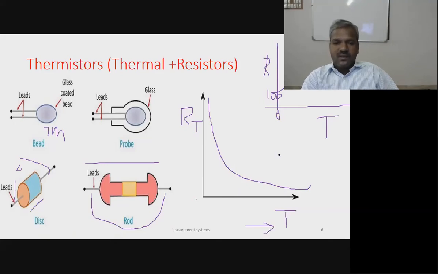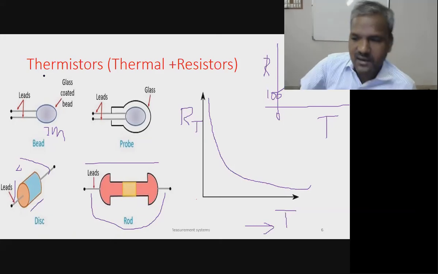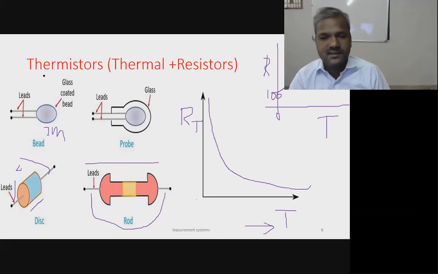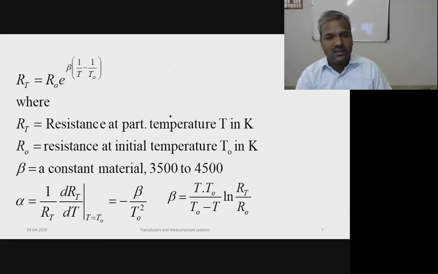The thermistors are made up of semiconductor materials. This is the characteristic equation of a thermistor: RT equals R naught e power beta times (1 by T minus 1 by T naught). Beta is the thermistor constant, normally varying from 3000 to 4500.